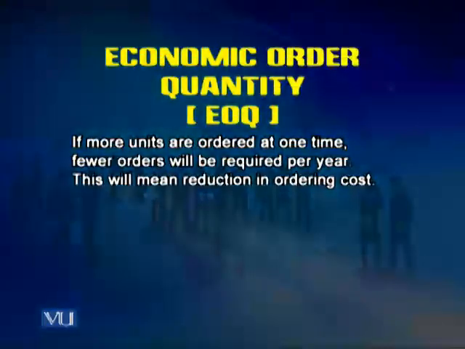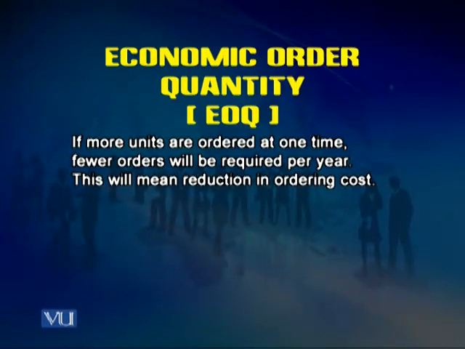So the number of orders might reduce and therefore the ordering cost might reduce. So ordering cost is going to reduce, holding cost is going to increase with the increase in inventory. We are trying to arrive at a condition where both these costs are minimized, and that is going to give us the economic order quantity. Economic order quantity. If more units are ordered at one time, fewer orders will be required per year.